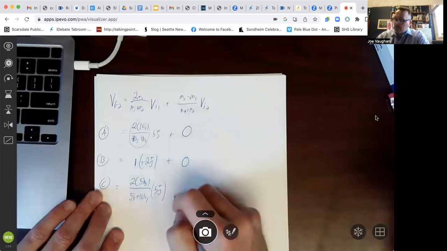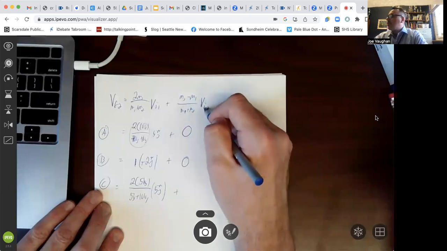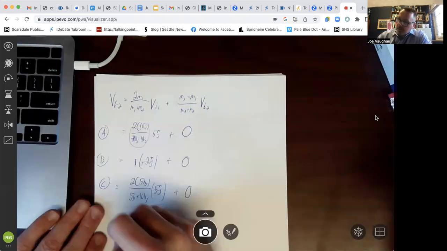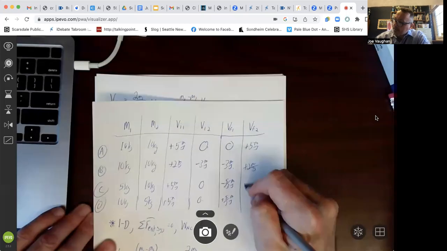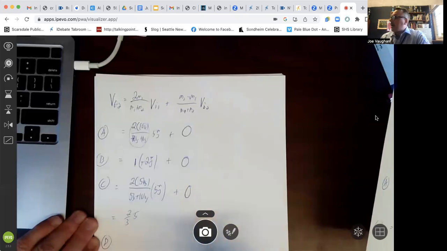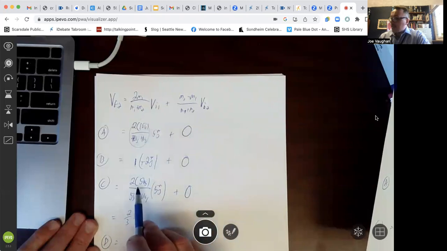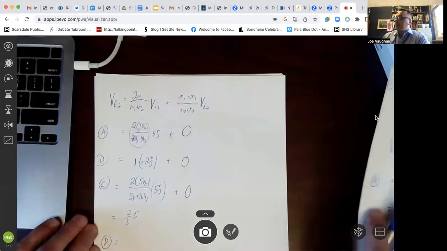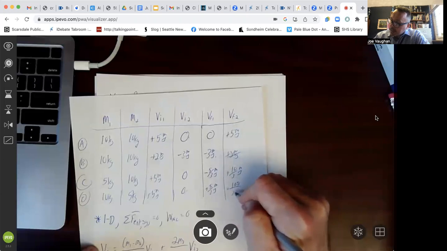And I know this term is going to zero out, not because M1 minus M2 is 0, but because VI2 was equal to 0 in this case. And so here I have 2/5 or 2/3 times 5, or 10/3, so positive 10/3 meters per second. And then for the D on that, it's going to be identical there because M1 is the same, M1 plus M2 is the same, VI1 is the same, right? So I'm going to get positive 10/3 meters per second, whoops, as our answer there.